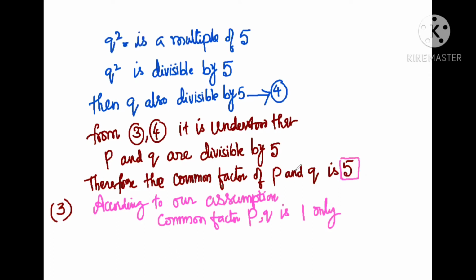This is the contradiction statement to our assumption.